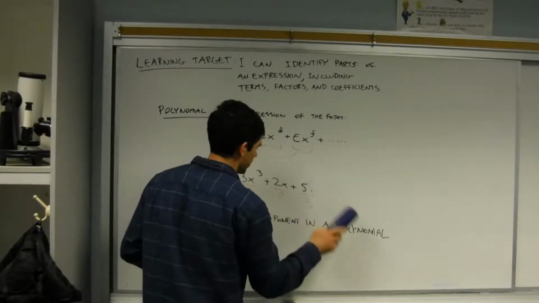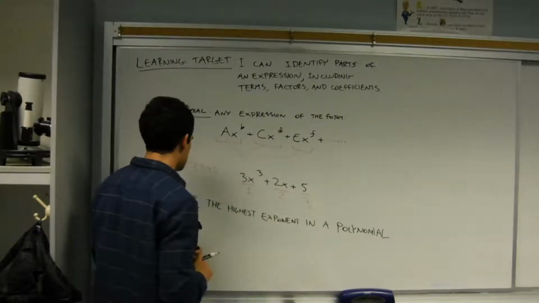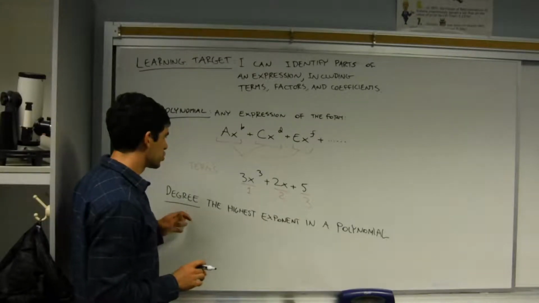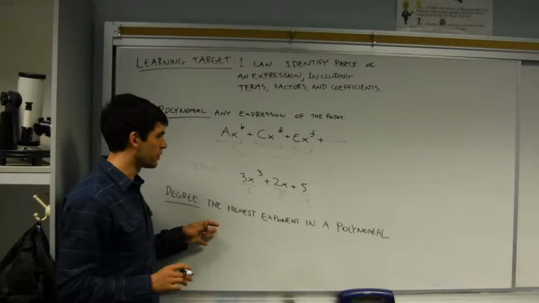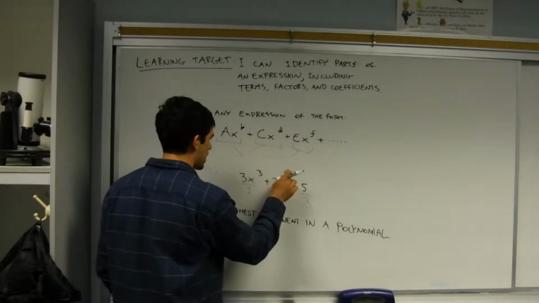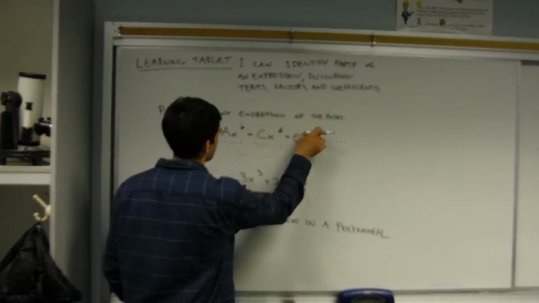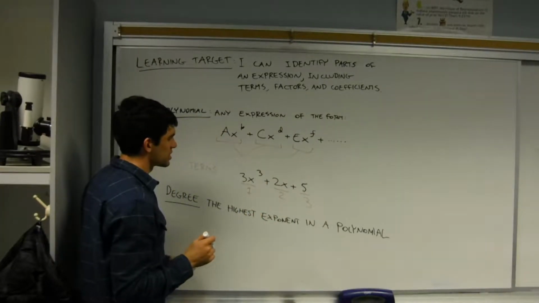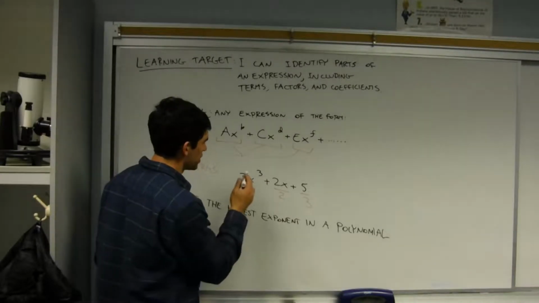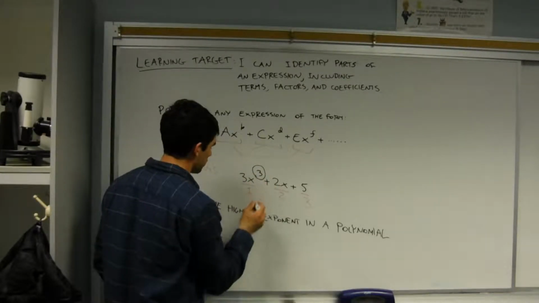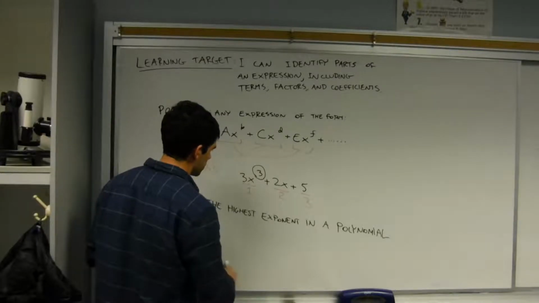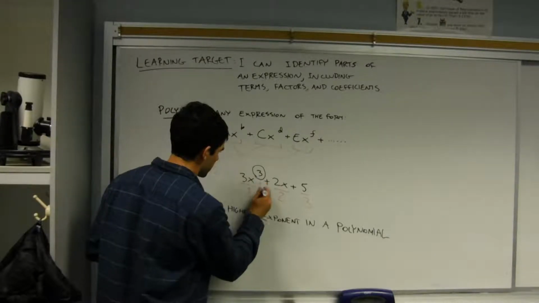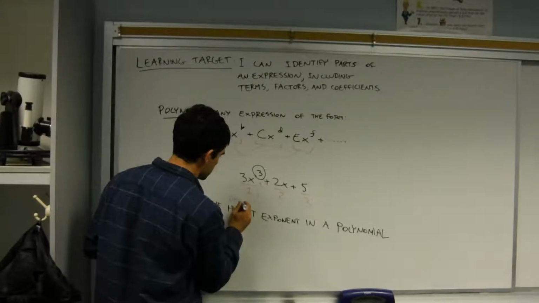That's a little aside there. But to identify the degree of a polynomial, we just want to look at these exponent numbers and see which is the highest one. In this case, our degree would be 3. I'll draw a little arrow and write degree.